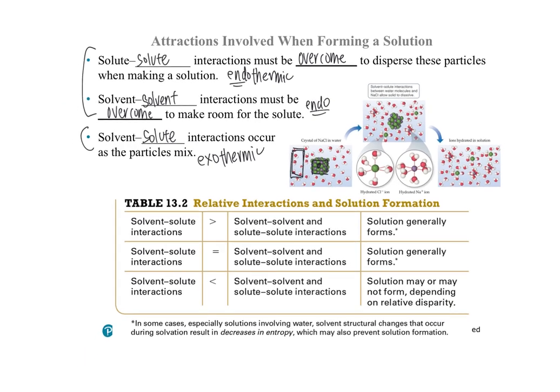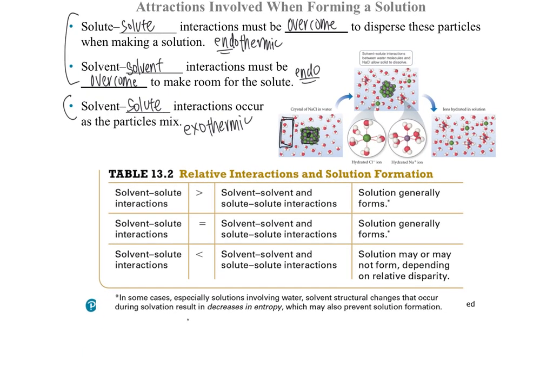So it really gets back to delta G. Gibbs energy is equal to delta H minus T delta S. When we go from solute plus solvent on their own to creating a solution when they mix together, that is an increase in entropy every time because we're mixing.